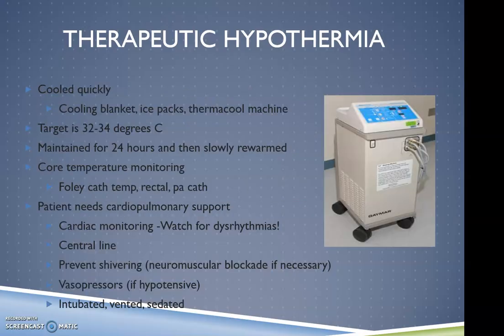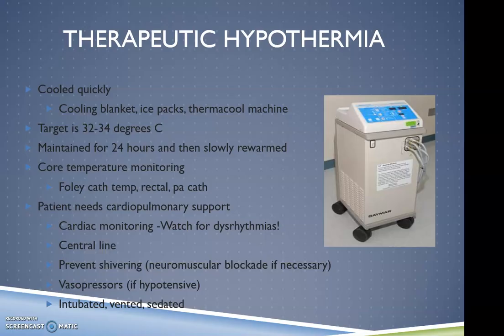We use that device, we cool the patient quickly. Sometimes we will add ice packs. We want to target them for between 32 and 34 degrees for 24 hours and then slowly rewarm. They're going to need some type of core monitoring for their temperature, whether it's a Foley catheter temp, rectal temp, or a pulmonary artery catheter.